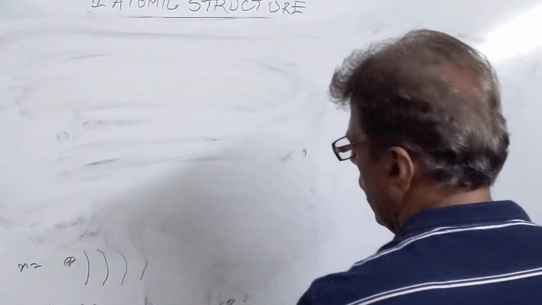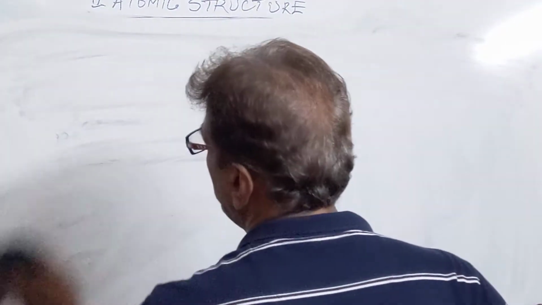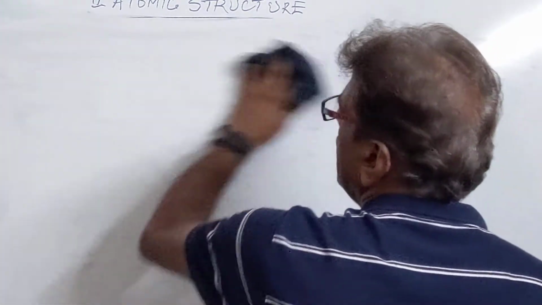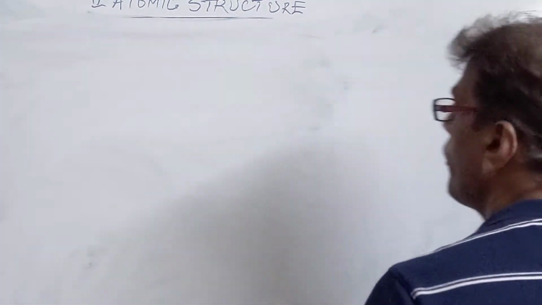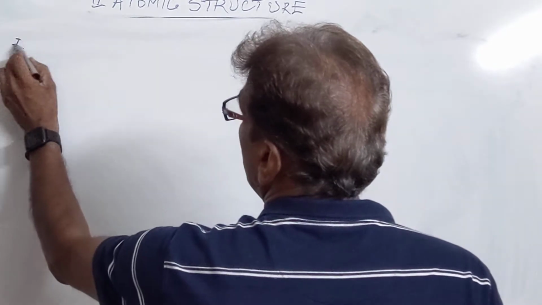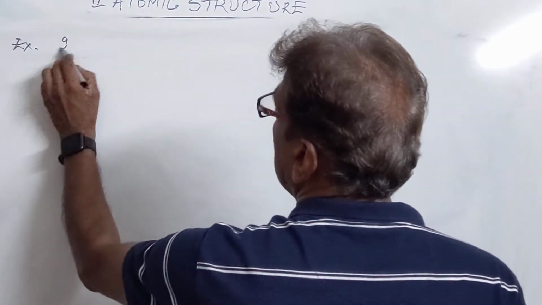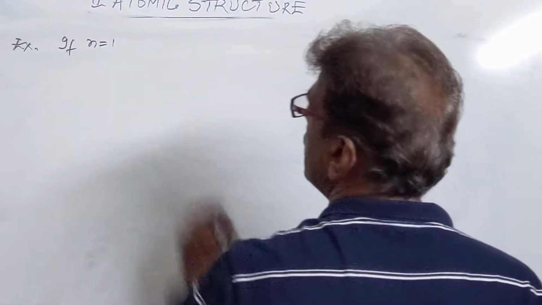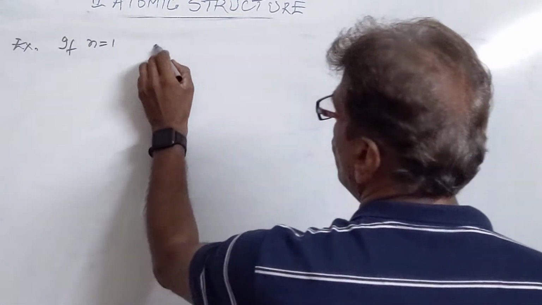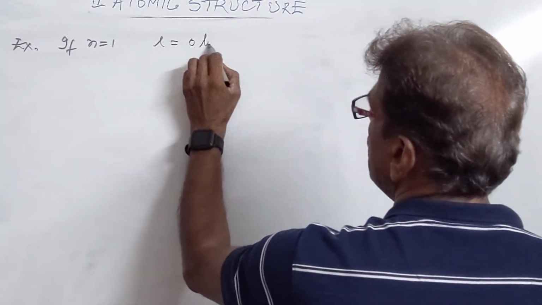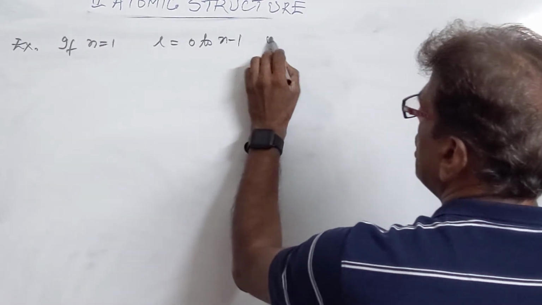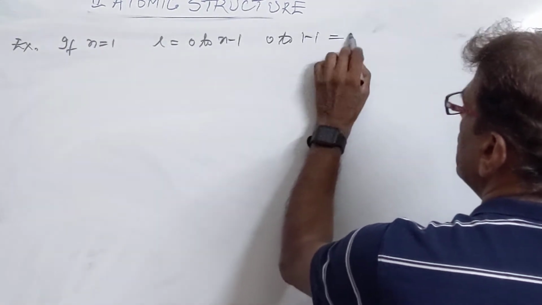Now we demonstrate all the quantum numbers by calculating the values of these quantum numbers in different shells and subshells, as well as finding the number of orbitals in those shells and subshells. So let us take some examples. If n is equal to 1, if electron is present in first energy level, then value of L will be 0 to n minus 1, means 0 to 1 minus 1, means 0.